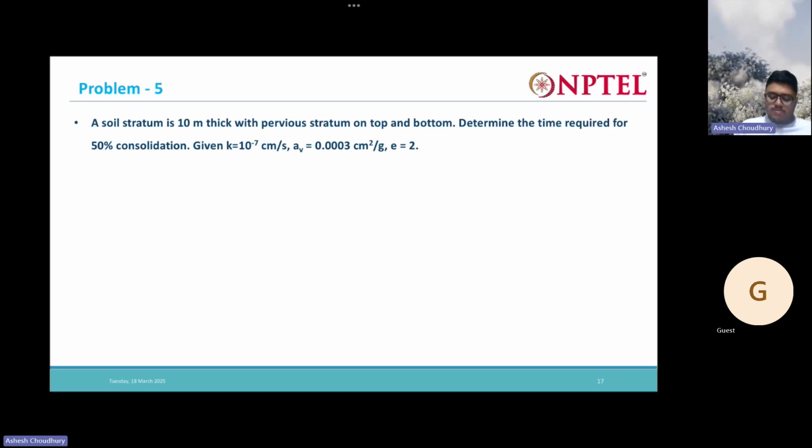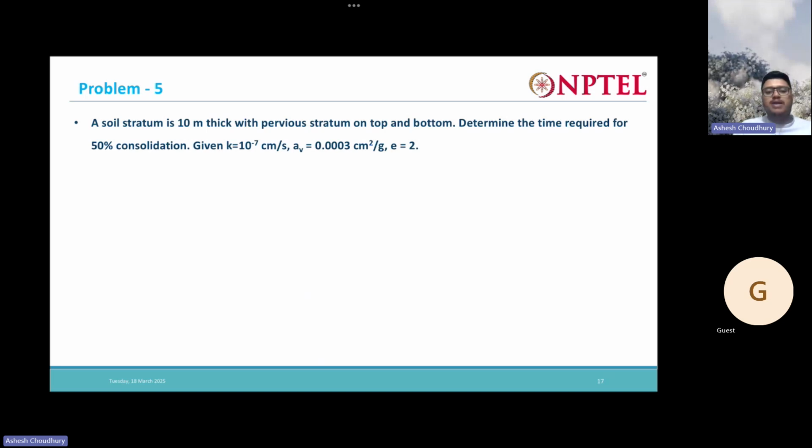The soil stratum is 10 meter thick with a pervious stratum on top and bottom. Determine the time required for 50% consolidation. Given the coefficient of permeability K, AV is given, and E is given.